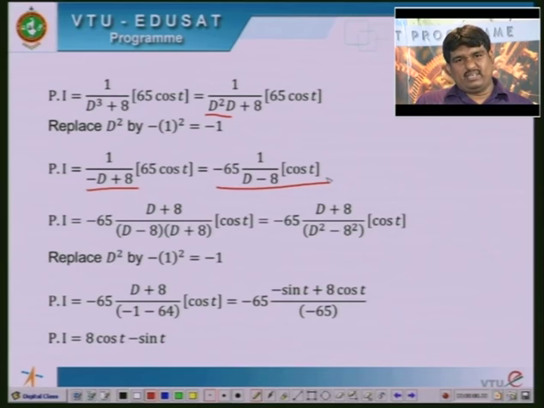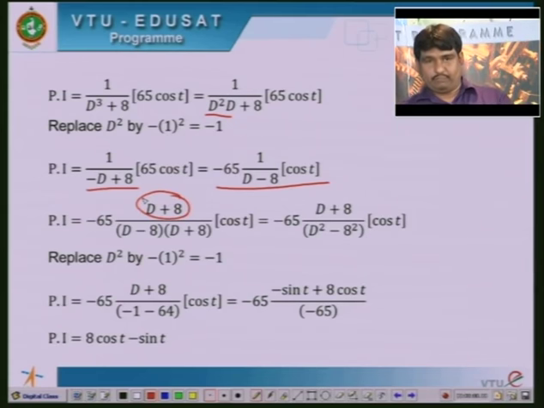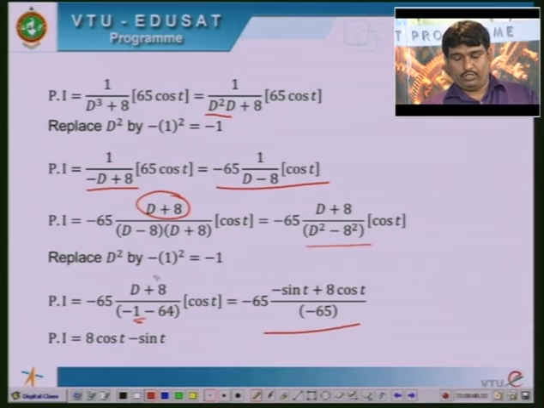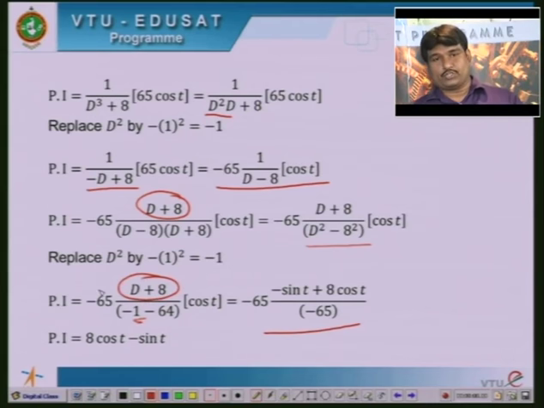We have a linear term in the denominator, and when we have cos t or sin t, we need a D square term. So that is why you divide and multiply by D plus 8. Then it is minus 65 into D plus 8 over D minus 8 into D plus 8, which is D square minus 8 square. Now you replace D square by minus 1, minus 1 minus 64 which is minus 65, and operate this D plus 8 on cos t.